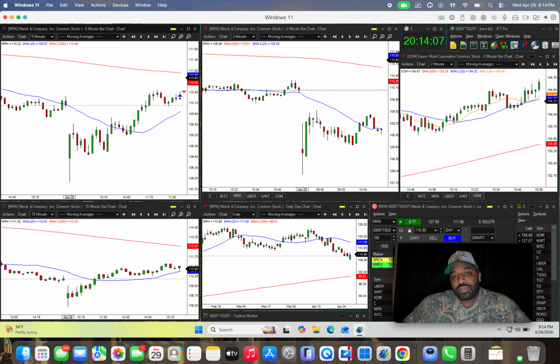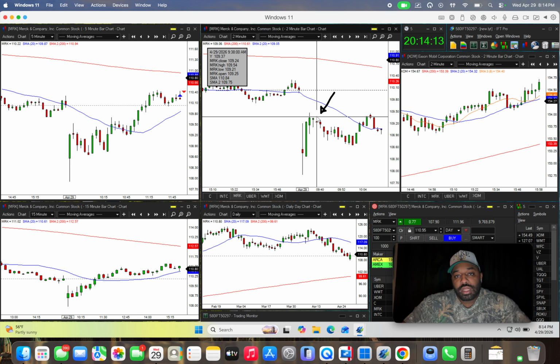Now, if you wanted to be risky, you could have sold this tail bar and mapped it out. It's only 30 cents. Set the stop right here and played this down. But keep in mind you're coming next to all of this power, so it's probably not going to go down too far.